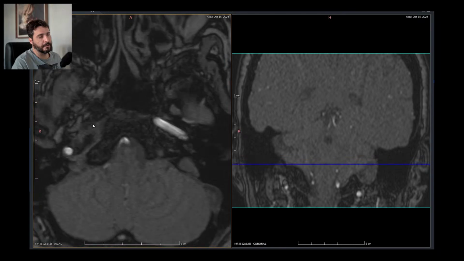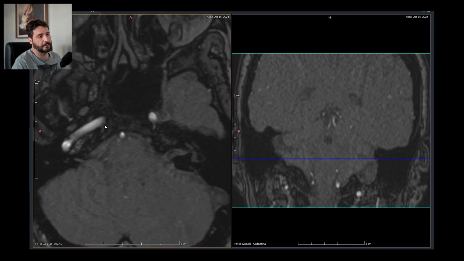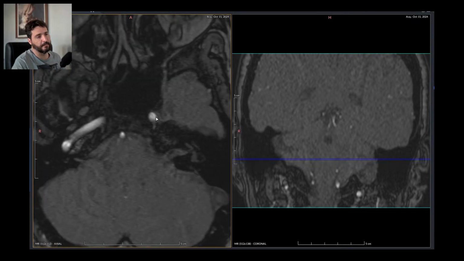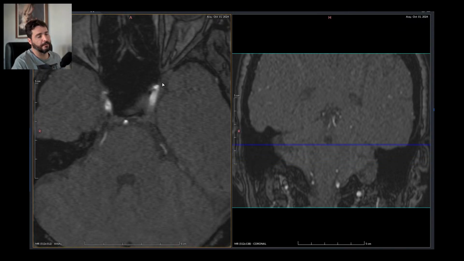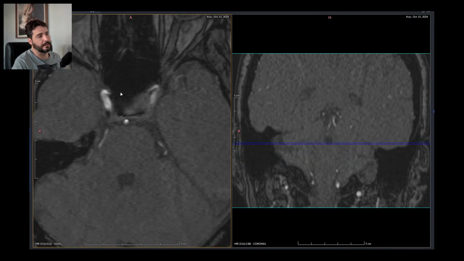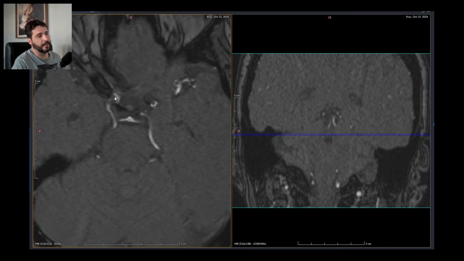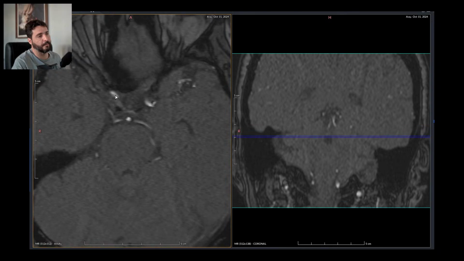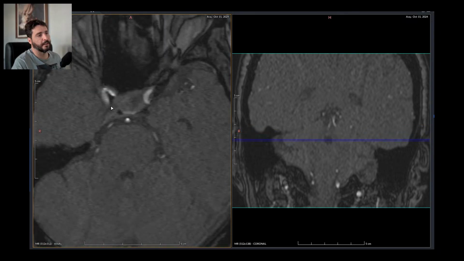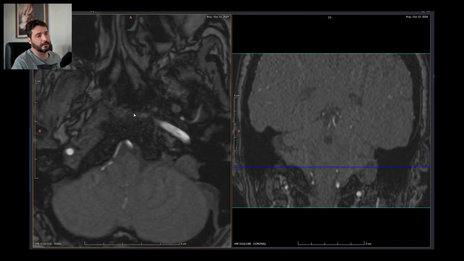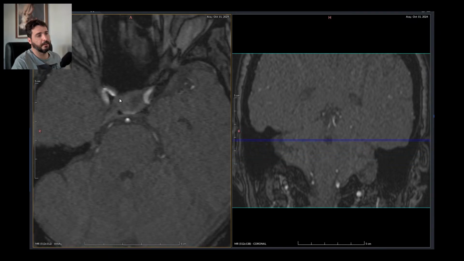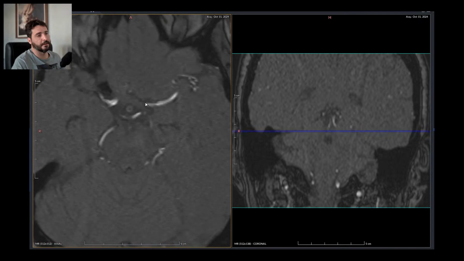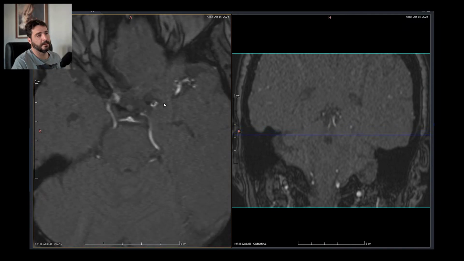This is the right internal carotid artery: the petrous segment, the lacerum segment, the cavernous segment. So this is clinoid, ophthalmic, and communicating. Ophthalmic right there, ophthalmic here, and communicating right here. Do you guys know your carotid artery anatomy? You should. This is the bifurcation, anterior and middle cerebral arteries.